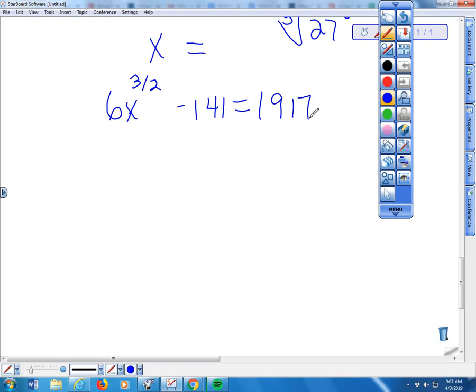So then I end up with 6x to the 3/2 is what? 2058. I kept hearing 15. Now I'm going to divide that by 6. 343.